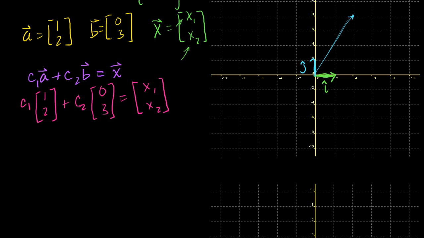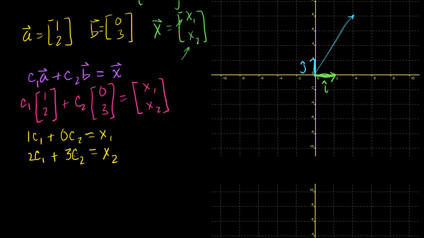If this is true, then the following must be true: c1 times 1 plus 0 times c2 must be equal to x1. We just get that from our definition of multiplying vectors times scalars and adding vectors. And then we also know that c1 times 2 plus c2 times 3, 3c2, should be equal to x2.